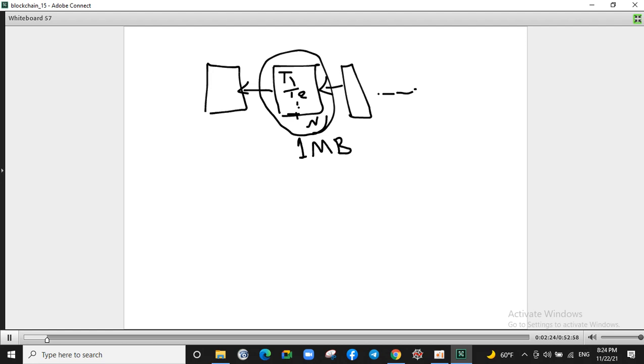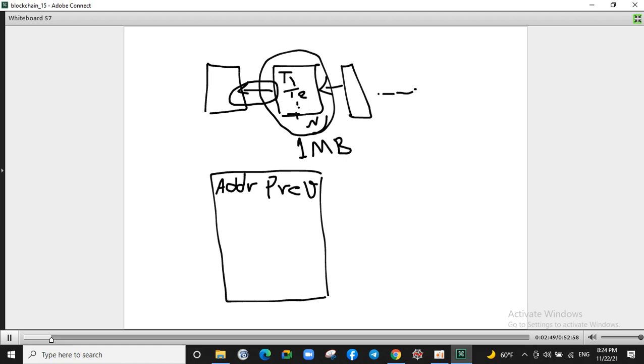In addition to the transactions, each block contains the address of the previous block, something like this link. So if it's a block, we have this information: address of the previous block, address of the current block, and list of transactions.